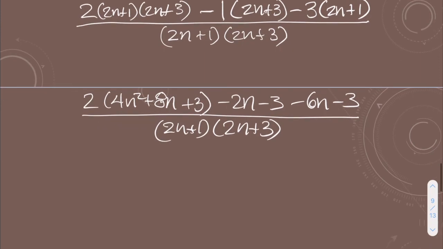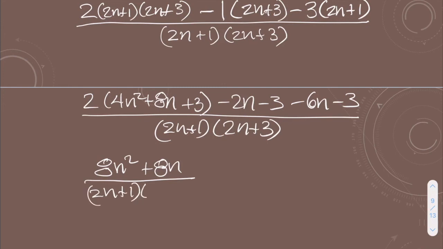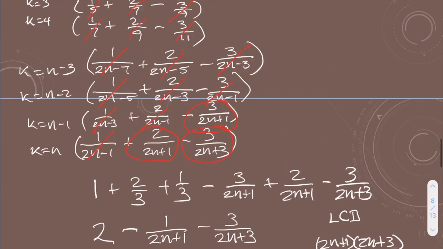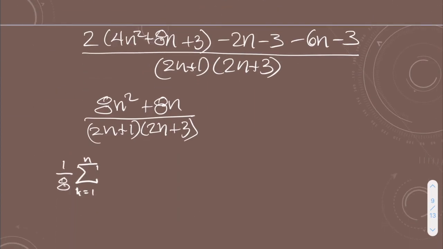So further cleaning gets me down to 8n squared plus 8n, and everything else just goes away, and we're over 2n plus 1 times 2n plus 3. And that, remember, has this sigma in front of it. And we're going to put it right there, and watch what happens. 8 cancels with this 8 and this 8 up here, so that just all factors out.